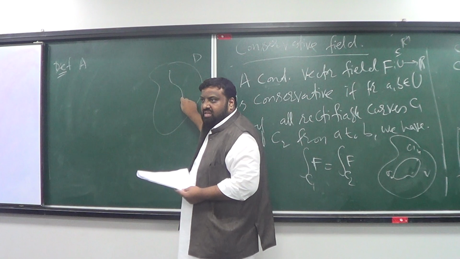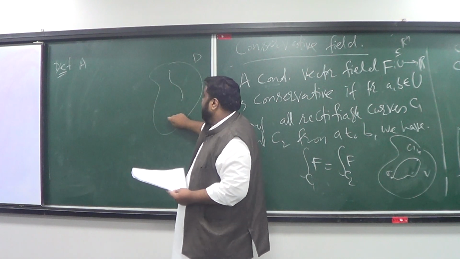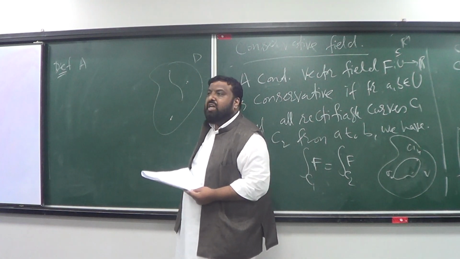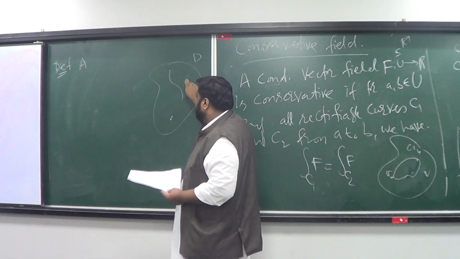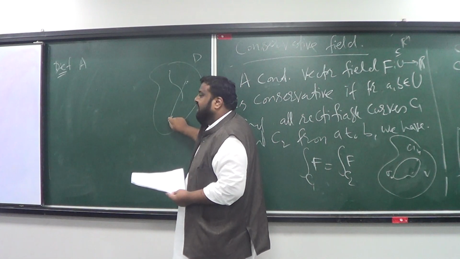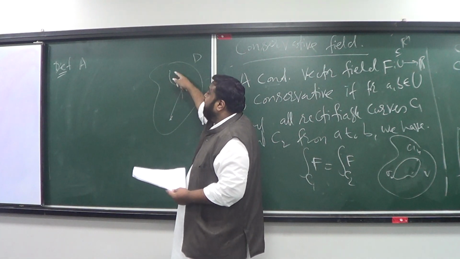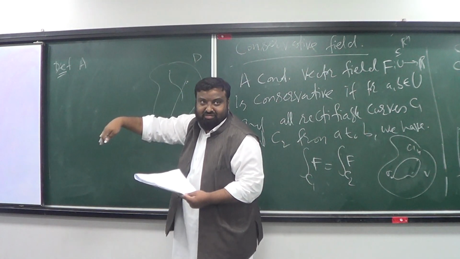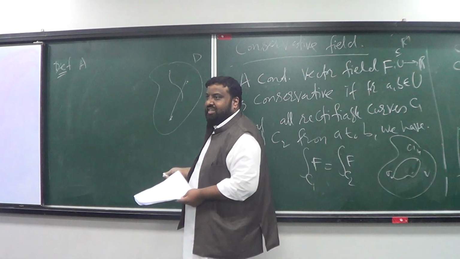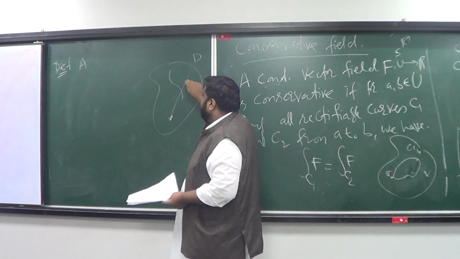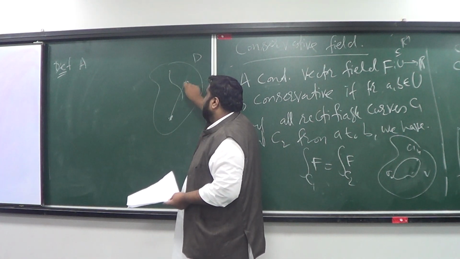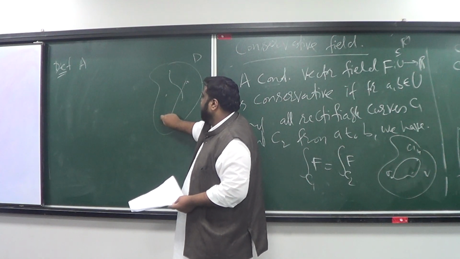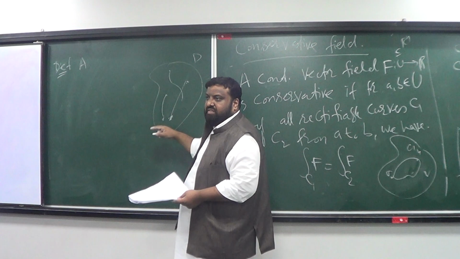So take any two points, you can always find a curve that joins them. Now that curve might be a straight line, and that curve must be entirely contained in the region; it shouldn't go outside the region. That's another important thing. Take any other two points, and you can find a curve that joins them.